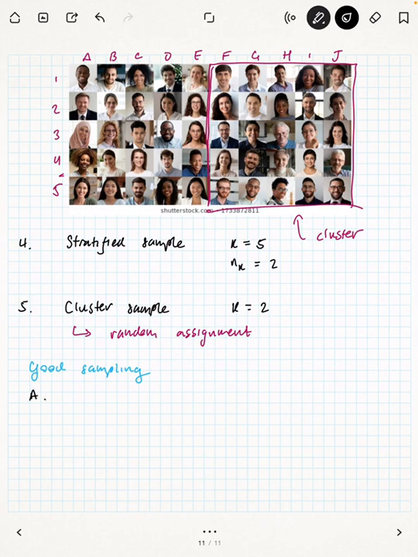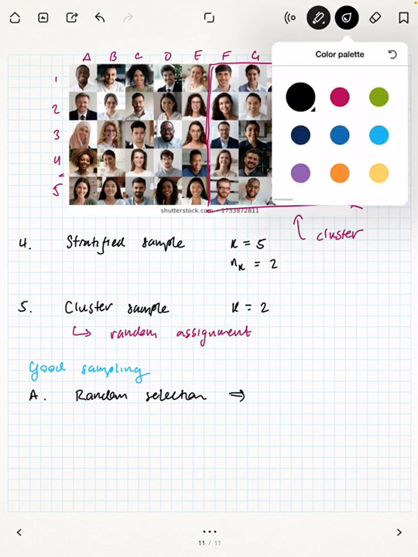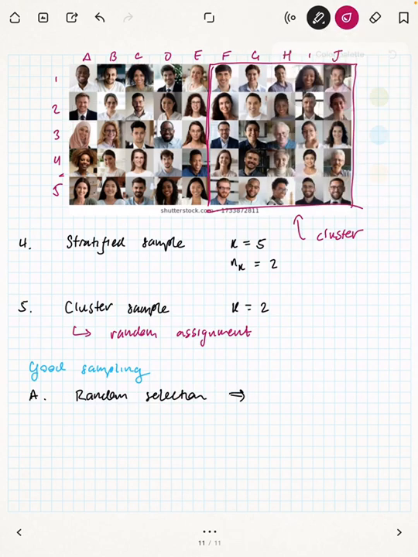So A, we want samples selected through random selection. Random selection is good. Okay? Random selection helps us obtain representative samples.